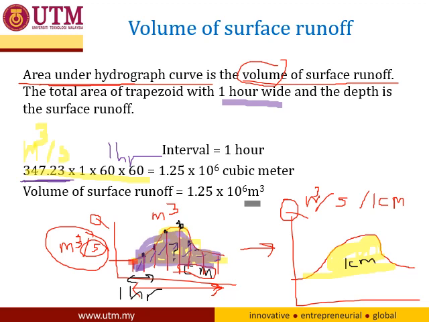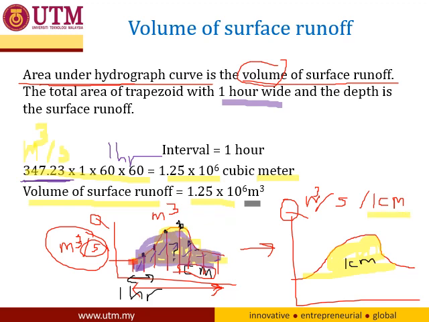So you will get this value: 1.25 times 10 to the power 6 cubic meter. It's already in meter cube. So this is the volume of surface runoff. But remember, you want it to be in the unit centimeter.